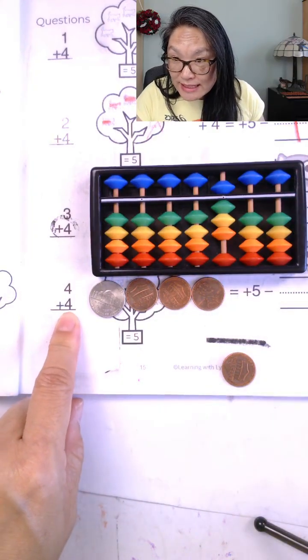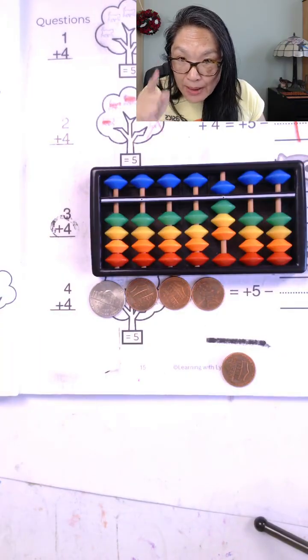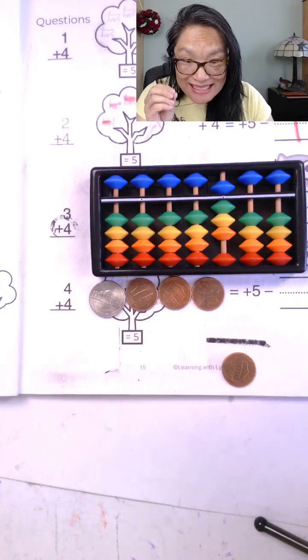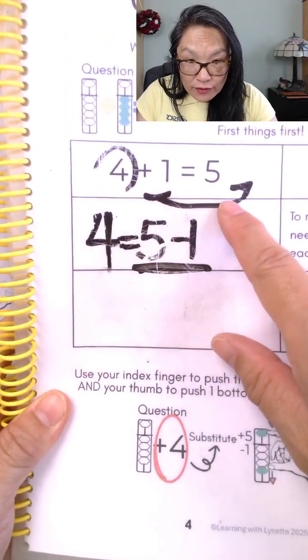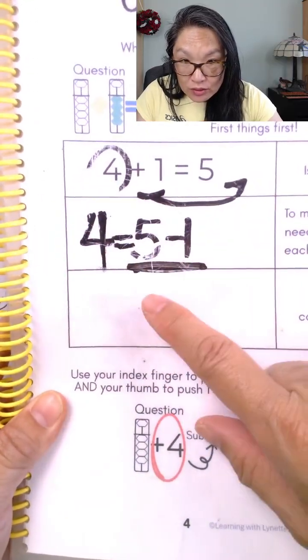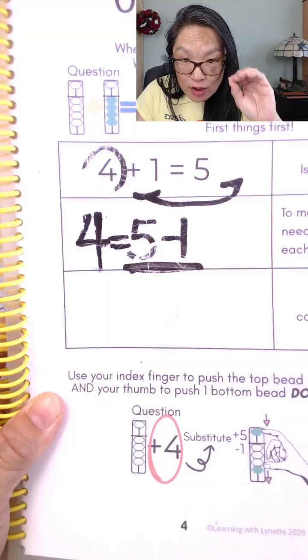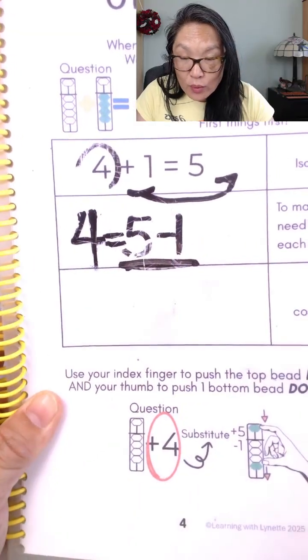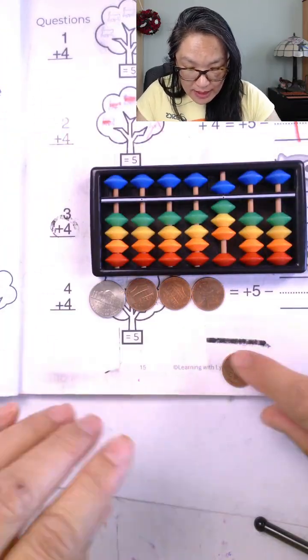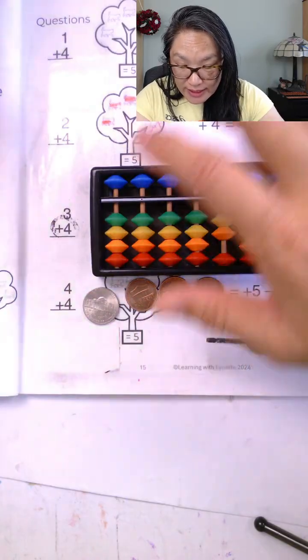So what we just did is we powered up our addition sentence. We talk about 4 plus 1 is equal to 5. Now in Abacus world, we actually utilized this concept to make it work for us. Does that make sense? How are we doing? We can do it again with the 2.